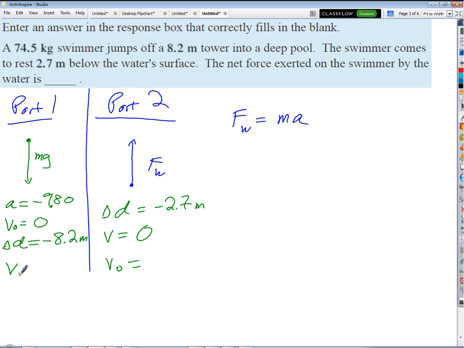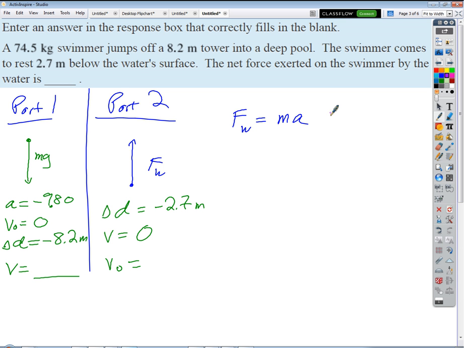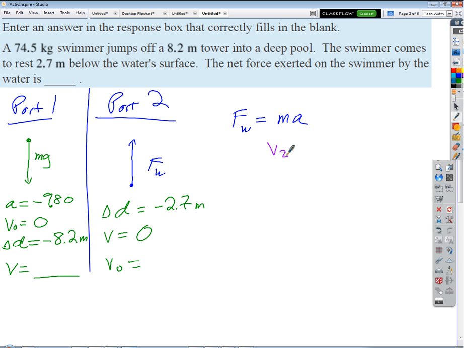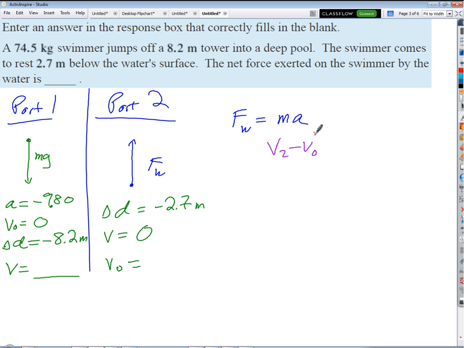So we could get that from the no-t equation, couldn't we? We've got the equation V squared minus V naught squared equals 2A delta d, right?